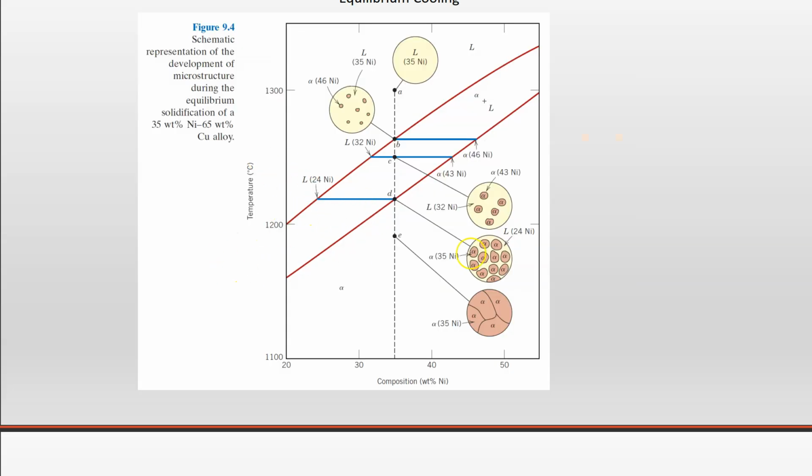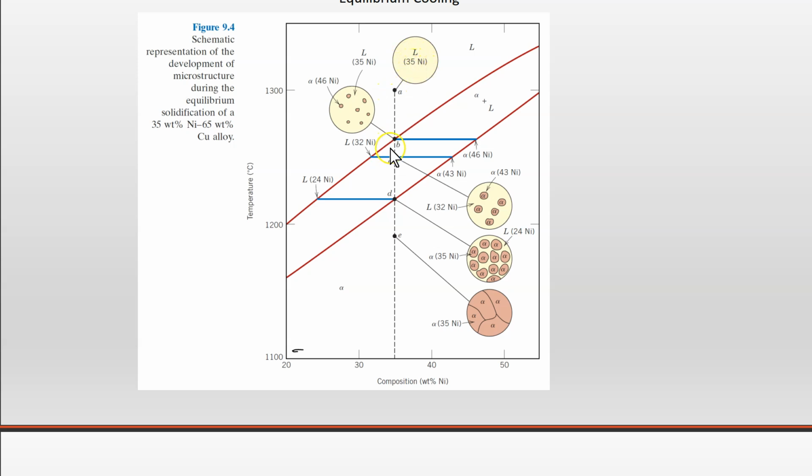Here shown in more detail is the copper-nickel system. Here we're just showing a part of the system between 20 and about 55 weight percent nickel. Here we see 1, 2, 3, 4, 5 points on the phase diagram being shown for a 35 weight percent nickel alloy. At these temperatures, it will be completely liquid and have a homogeneous composition.